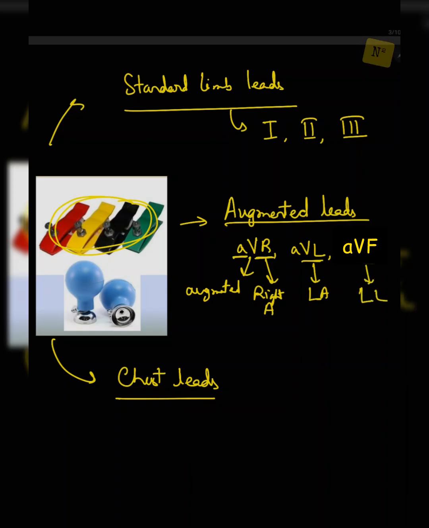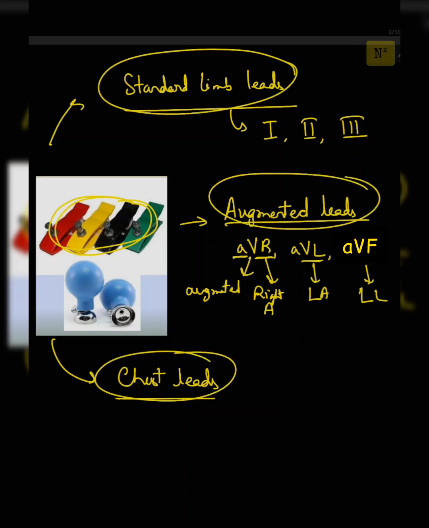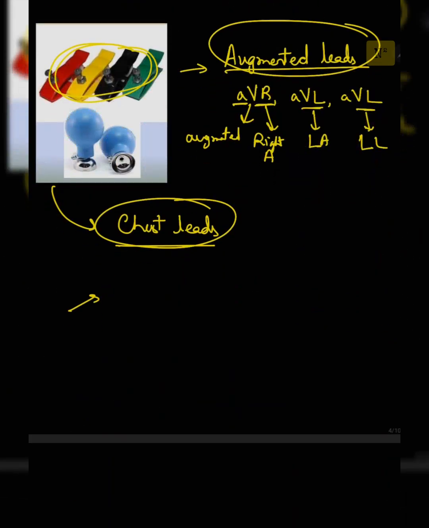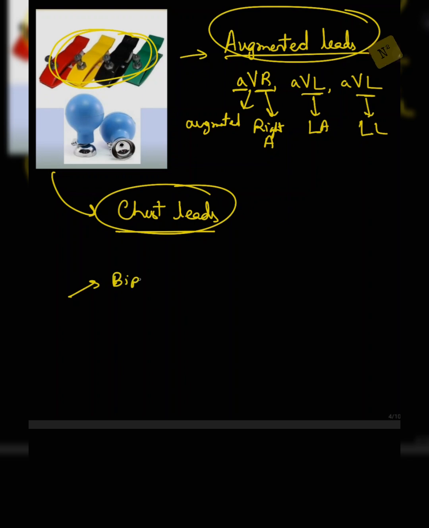So like this, we get 2 different varieties of leads while doing electrocardiography, or the categorization may be based upon whether it's a bipolar lead or a unipolar lead.